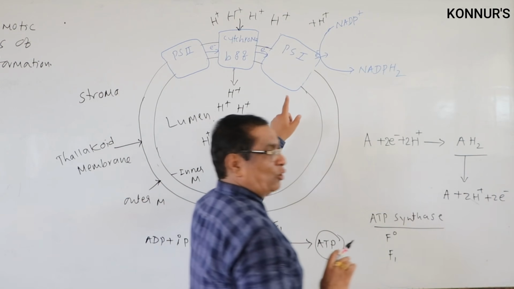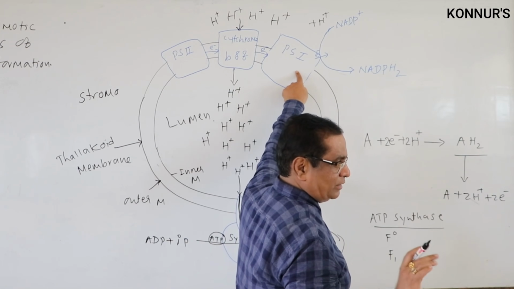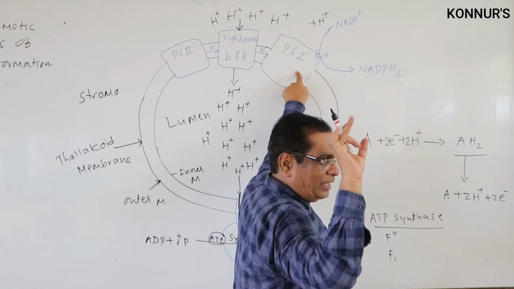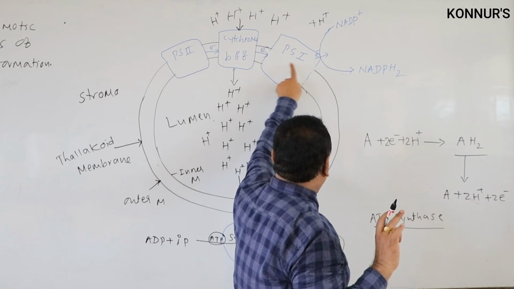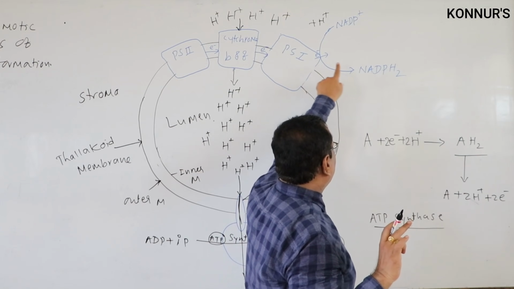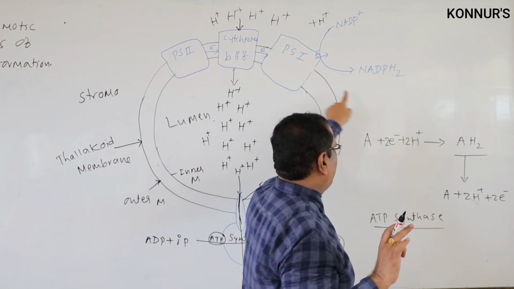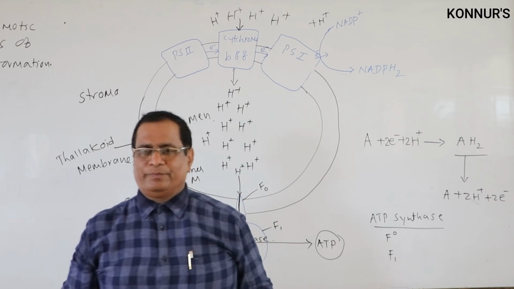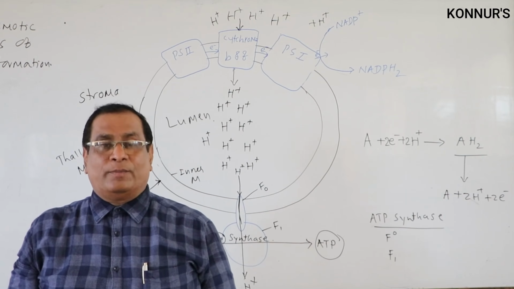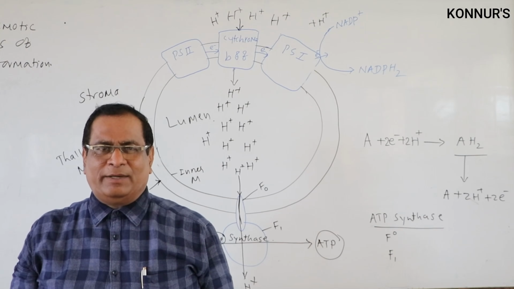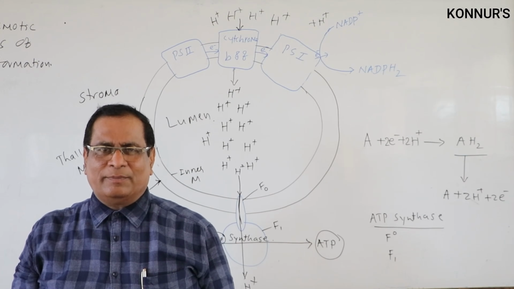And the electrons which have come to photosystem first, that you have seen in non-cyclic photophosphorylation, are used to reduce NADP into NADPH2. It's about the formation of ATP, which is explained by the chemiosmotic hypothesis.